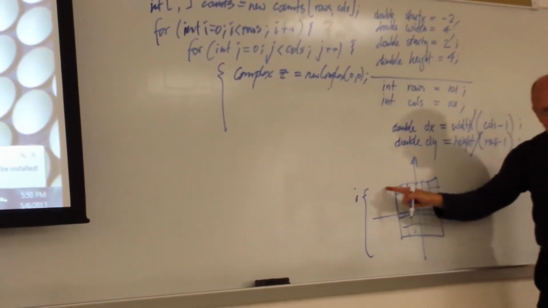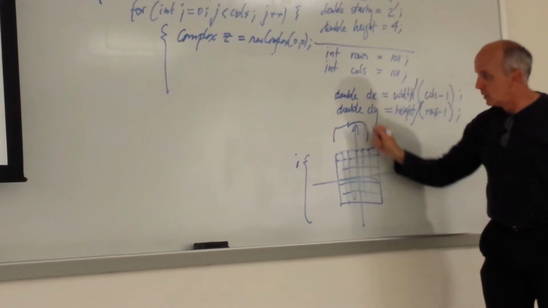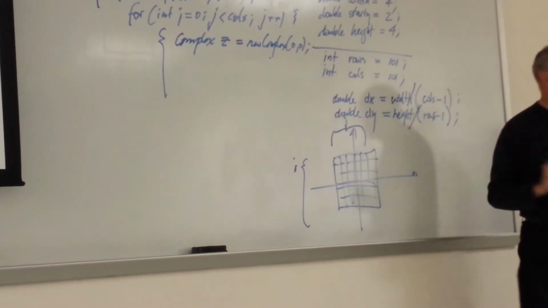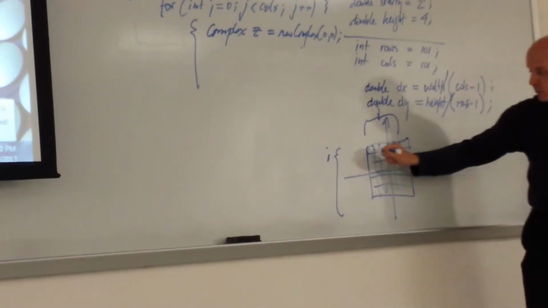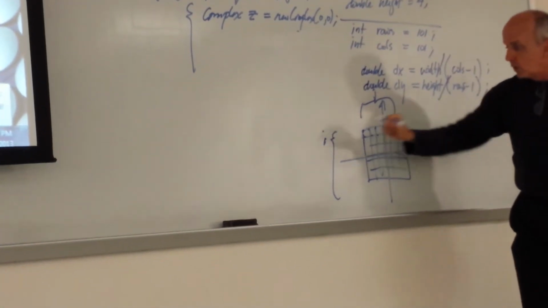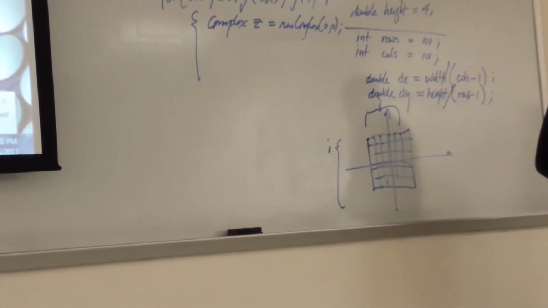So the i variable is allowing me to count down onto which row I'm on. The j variable, I'm counting across to see which column I'm on. But now you've got to look at that figure and convert from i and j to the complex number that i and j represent.